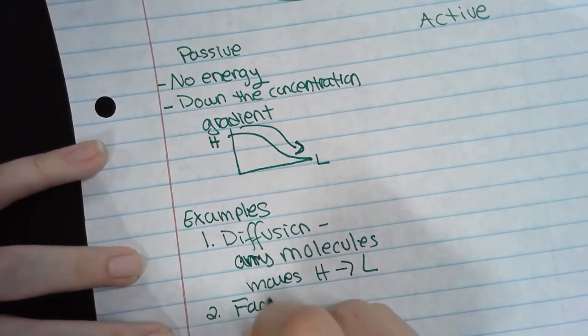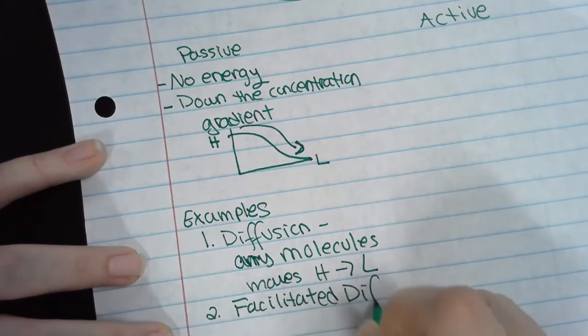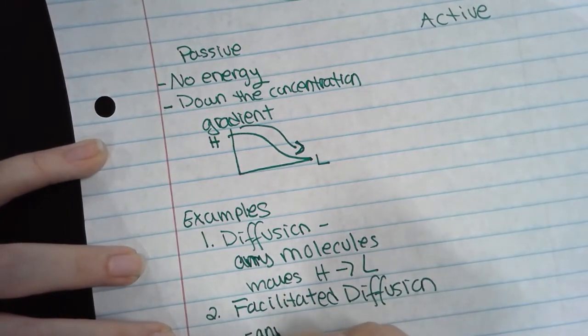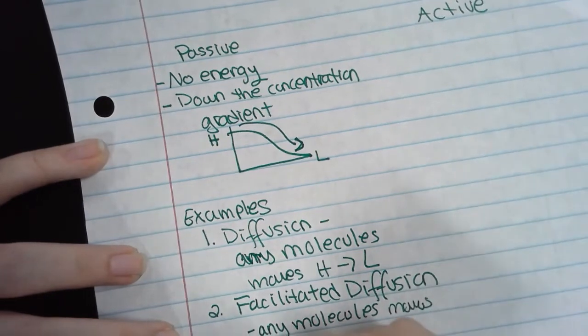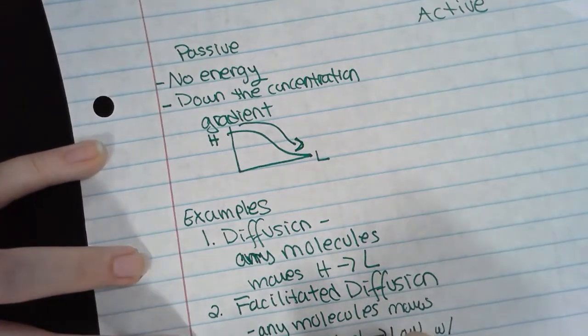Facilitated diffusion is when any molecule moves from a high to a low concentration with the help of a protein.